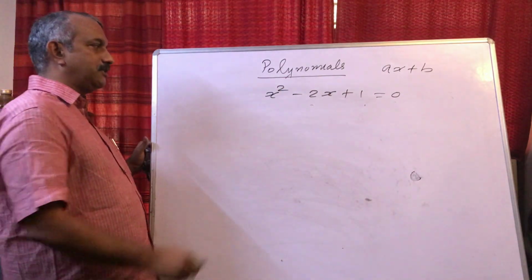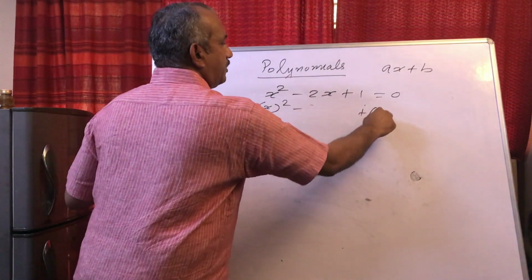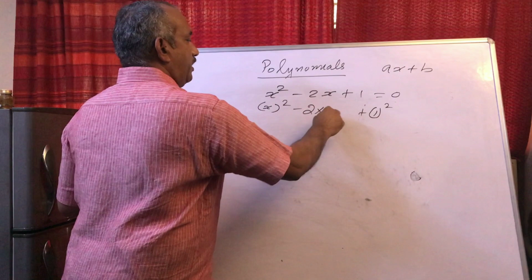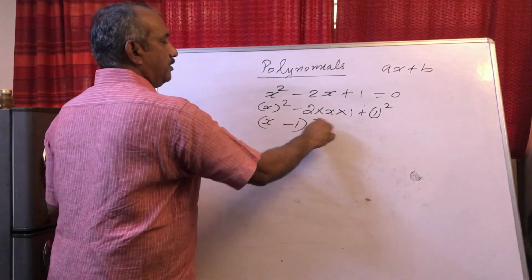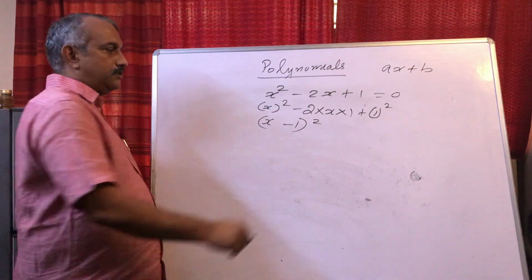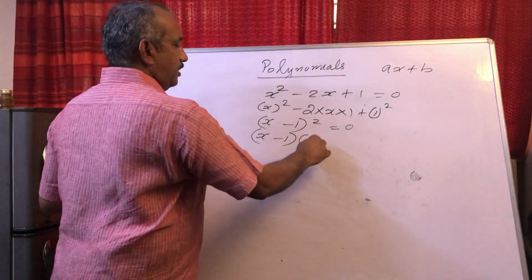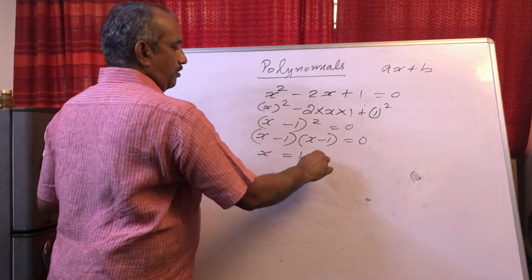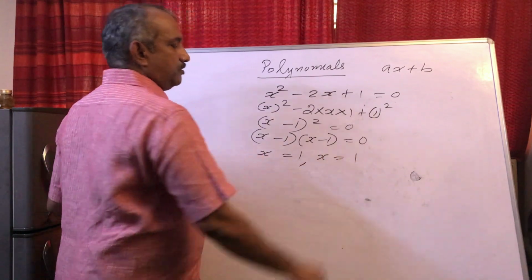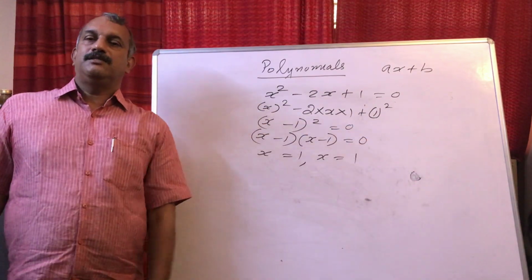What is the factorization? This is x the whole square minus 2 into x into 1 plus 1 the whole square. So it is x minus 1 the whole square by using the second identity, is equal to 0. That means x minus 1 into x minus 1 is equal to 0, x is equal to 1, or x is equal to 1. So there is only one zero. If x minus 1 is equal to 0, x is equal to 1.